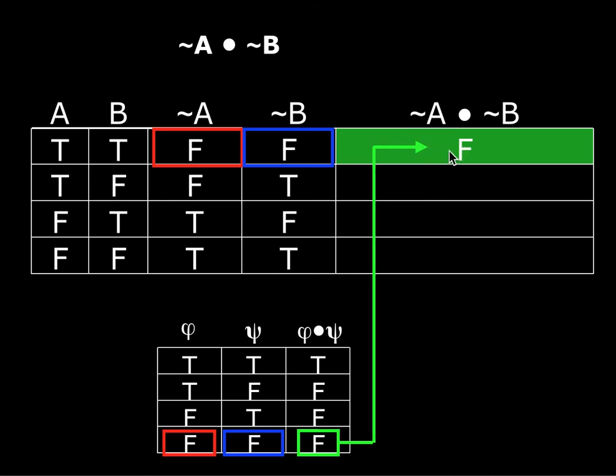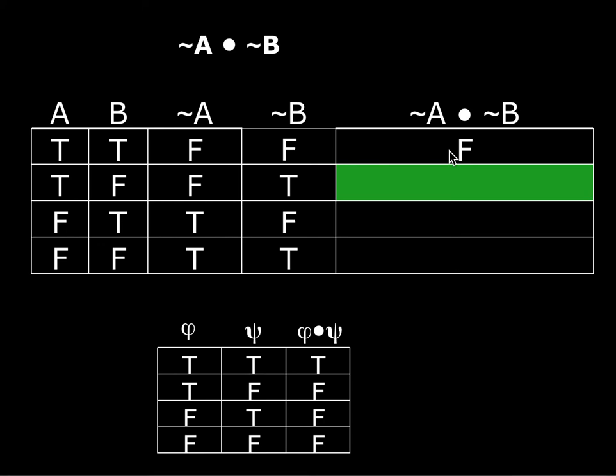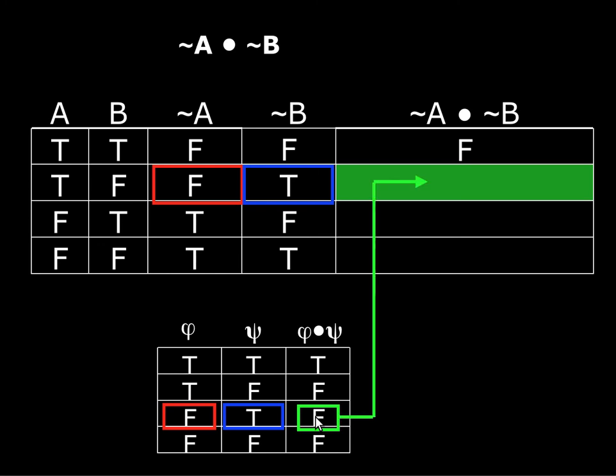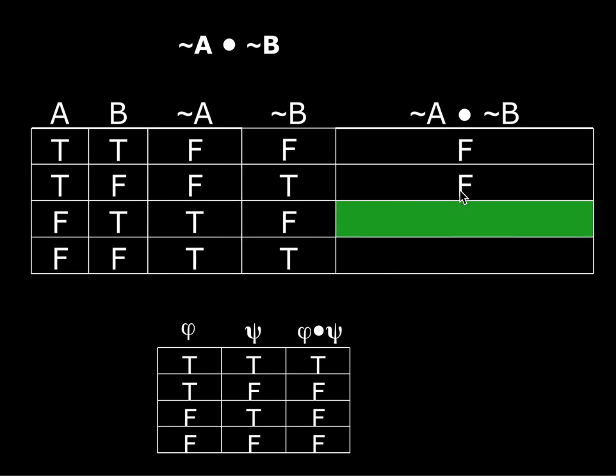Now I'm just going to do the same thing for every column. Here, well, first conjunct false, second conjunct true. Where is that down here? That's down here on row 3. First conjunct false, second true, it outputs false. So I'm going to put an F up here. Let's go down to row 3. Here on row 3, the first input is true, second is false.